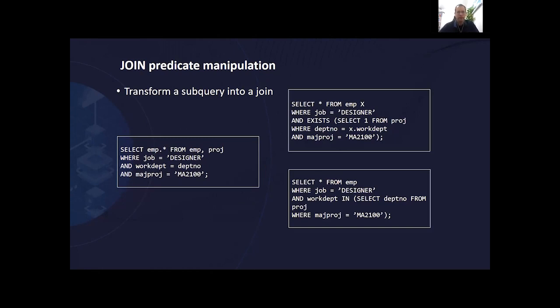We have another example with correlated subqueries. One is using exists and the other one is using in. We are selecting employees who work as designers and are working on project MA2100.